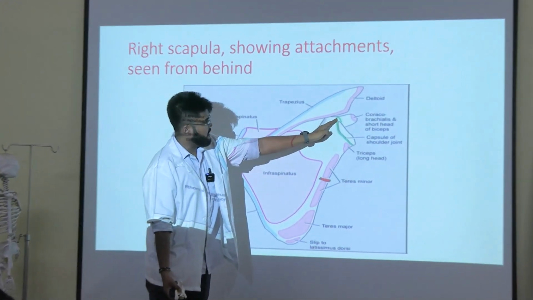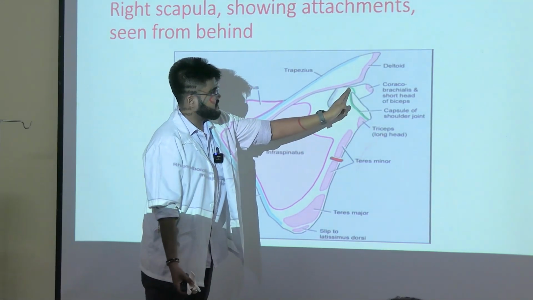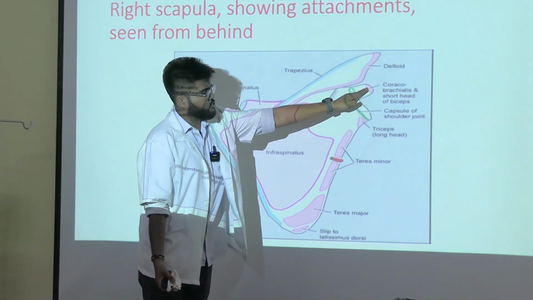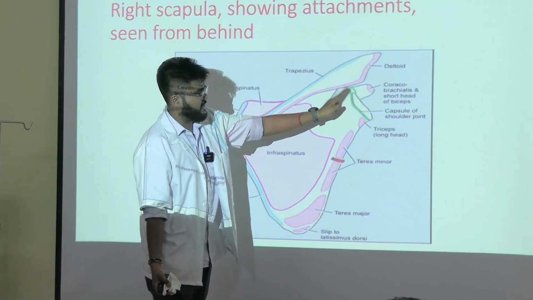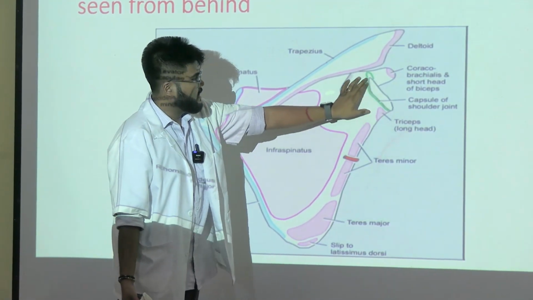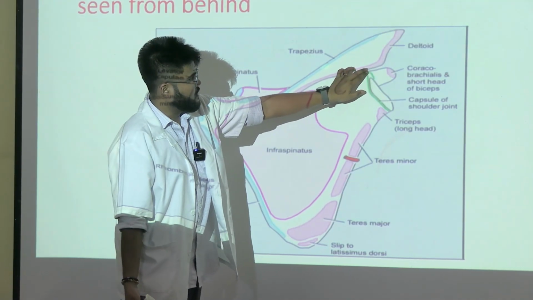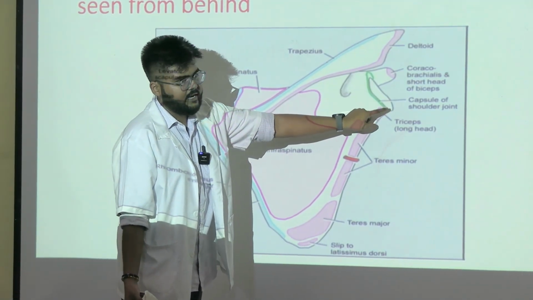In the supraglenoid tubercle, the long head of the biceps muscle is attached. The short head of the biceps is attached elsewhere, but the long head of the biceps is attached here.